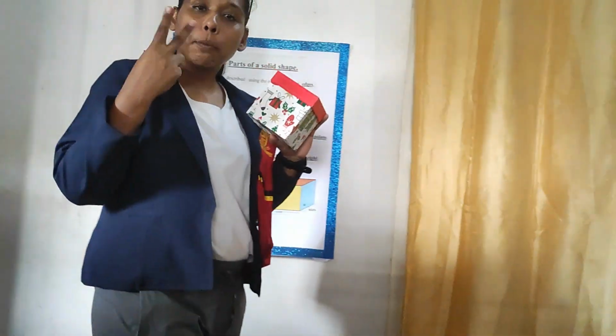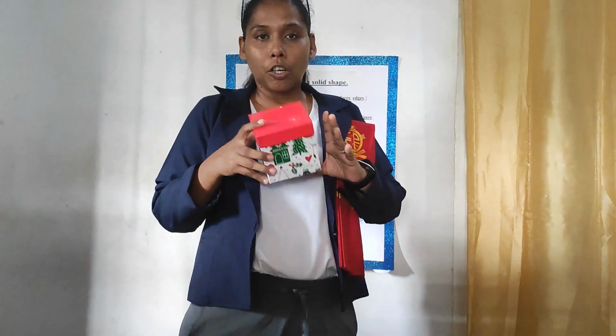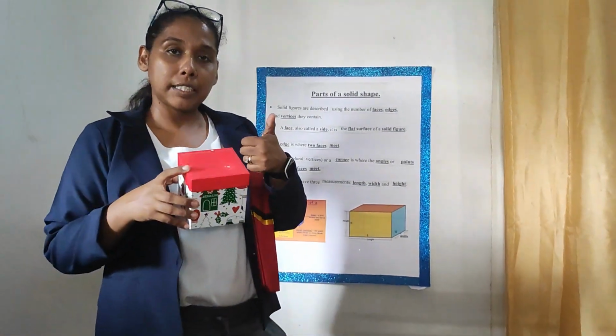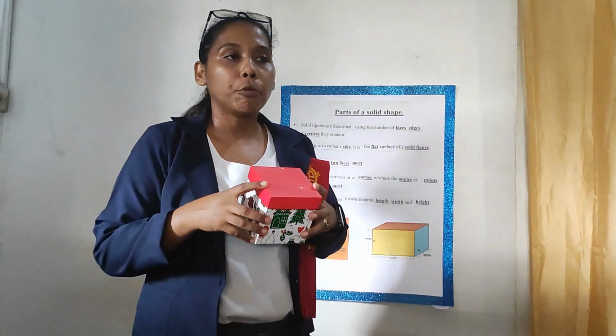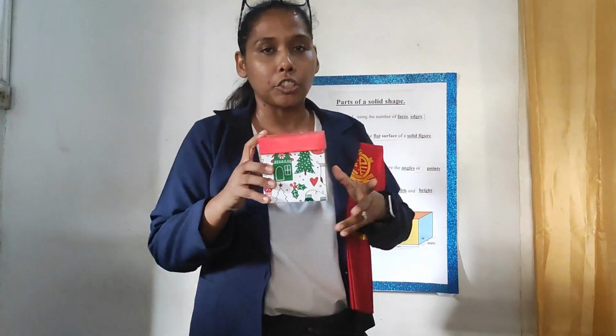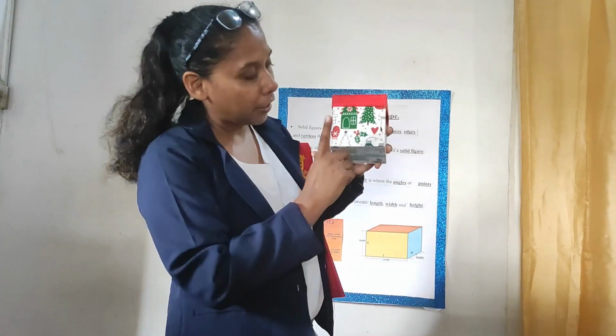Now, we spoke about 3 properties on a 3D shape. The 3 properties that we will be looking at are the faces, the edges, and the vertices. For the faces, for each Rubik's or each cube or any 3D shape, if we look at the face for the box, it's a flat shape.